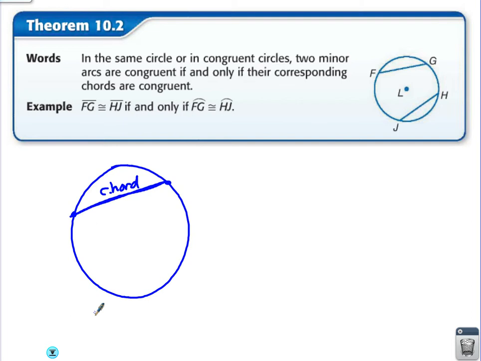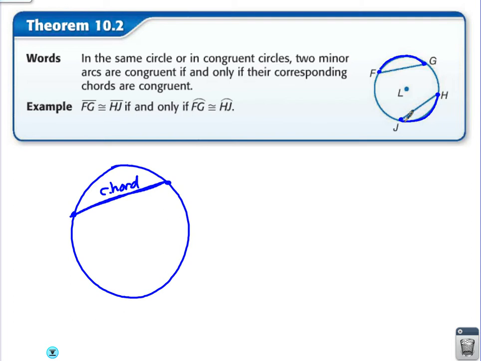So let's talk about this theorem here. It's about chords. In the same circle or congruent circles, two minor arcs are congruent. Okay, minor arcs. FG is a minor arc. JH is a minor arc. This is a pretty important theorem here. Now, we already had one theorem that stated this.